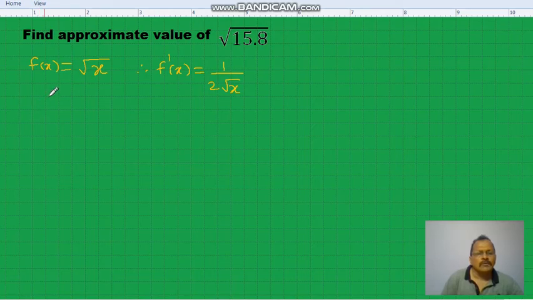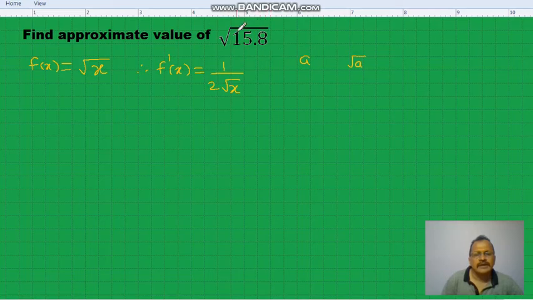Now we want square root of 15.8. Take the value of a such that you know square root of a easily. Which is the square number near to this 15.8?